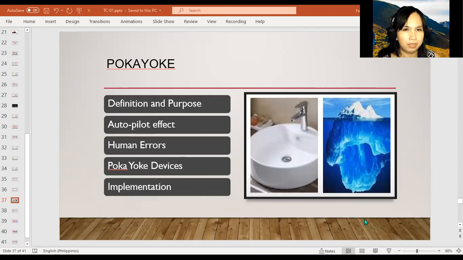In addition to preventing defects, there are other reasons that Poka Yoke is so important. One of these reasons is due to something called the autopilot effect. There is a certain book called The Design of Everyday Things.